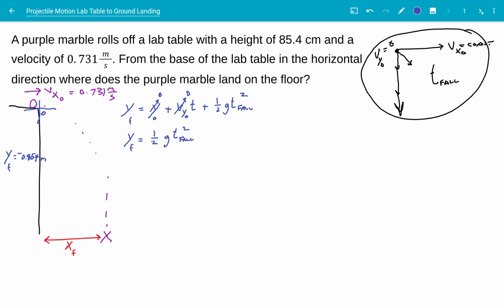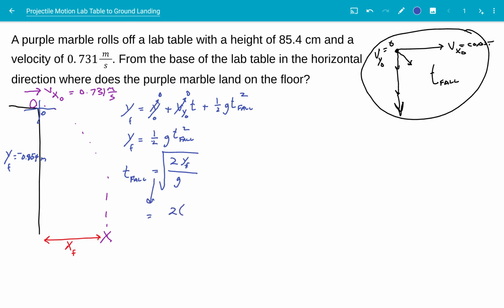Well, if we can find the time, since all three vectors share the same time, we could solve for the distance horizontally. So t fall is going to equal the square root of 2 y final divided by g. Let's bring that on down.